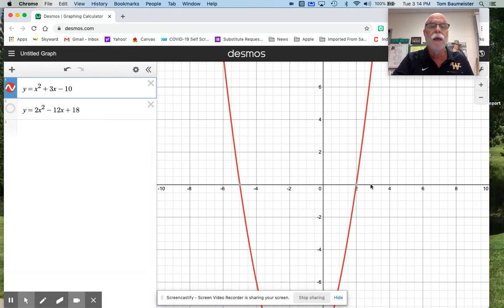But again, I told you it's the x-intercepts that we are worried about because those are my roots or my solution. So if we look here, and if I click on it, it tells me one of them is at negative 5 and 0, and the other one is at positive 2 and 0, which is kind of what we would expect. All right, so that's just using the calculator.